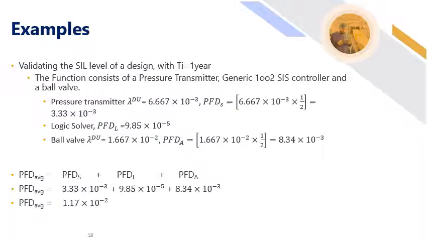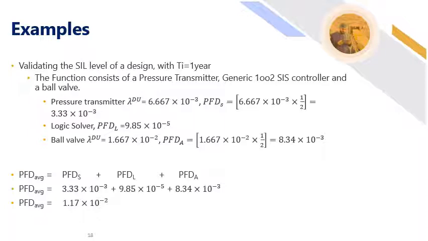Let's have a look at a calculation then. So for this function, we're looking at a 1-year testing interval, and the function consists of a pressure transmitter, a generic 1 out of 2 SIS controller, and a ball valve. The data we have for a generic pressure transmitter is that its failure rate, dangerous undetected, is 6.667 times 10 to the minus 3.